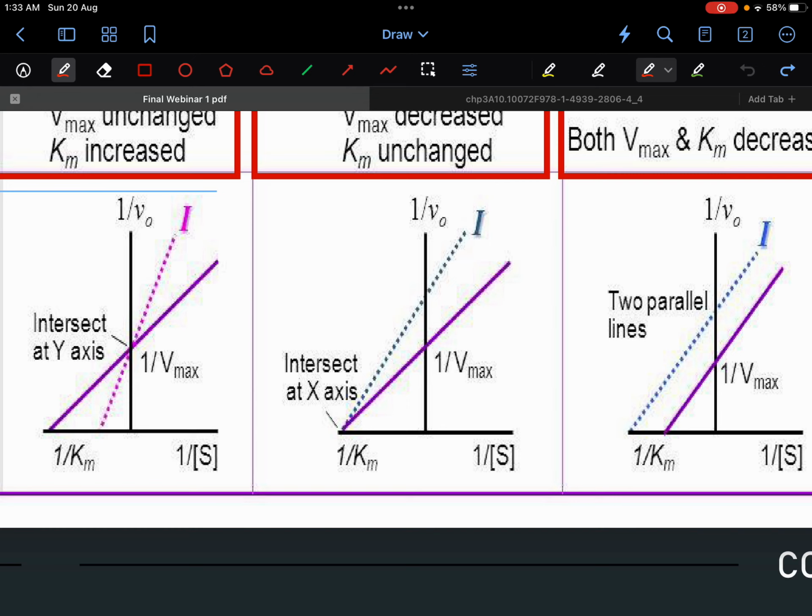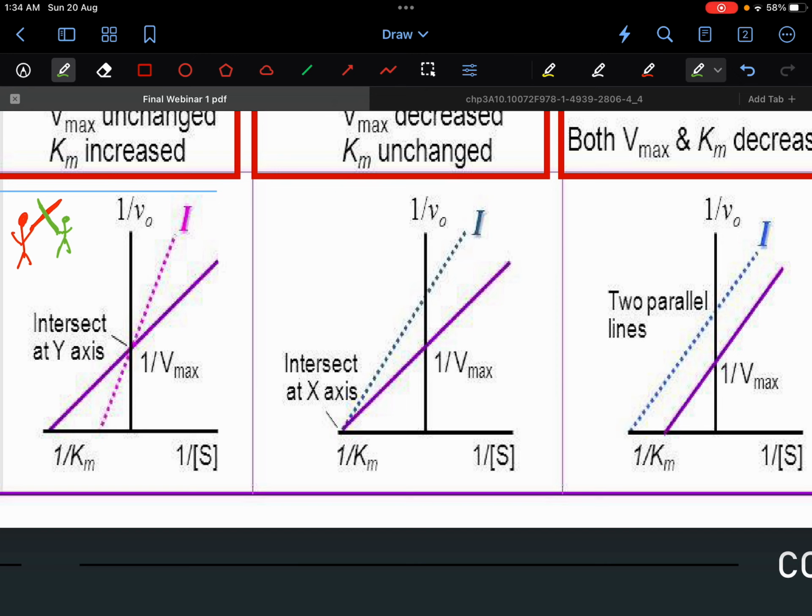Okay, so suppose there are two people standing here. Bear with me with the diagrams please. There is one person and he has a sword in his hand. And there is another person, he also has a sword in his hand.